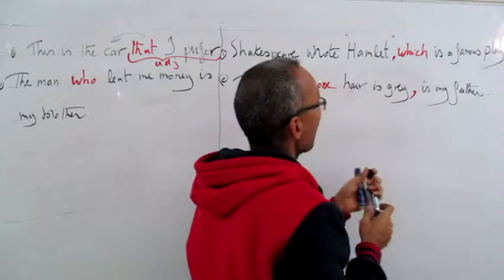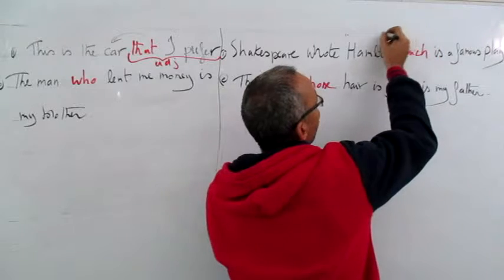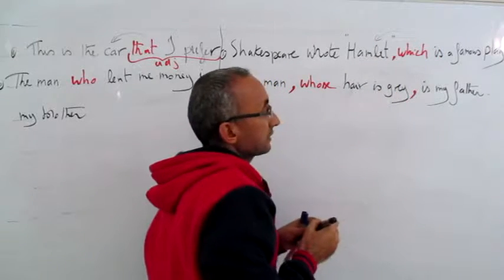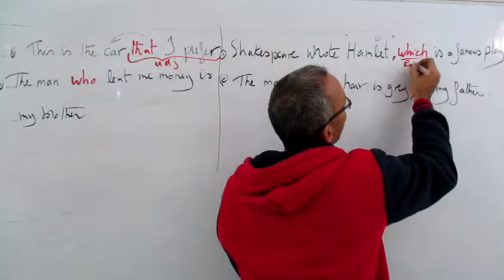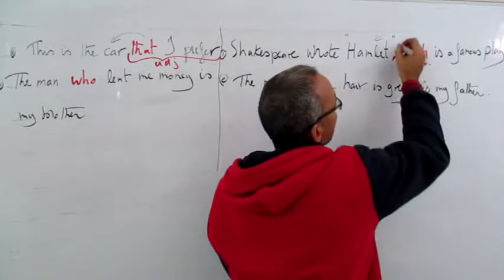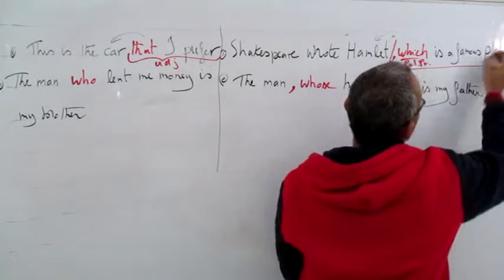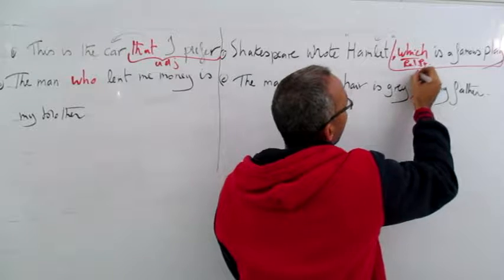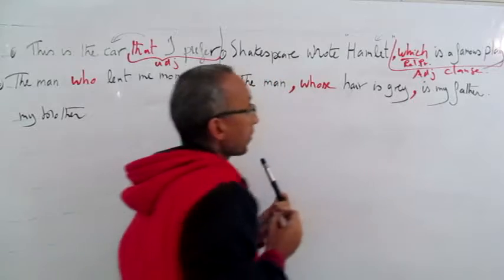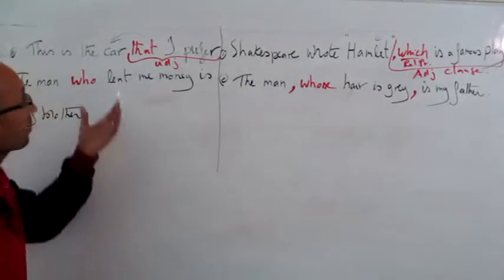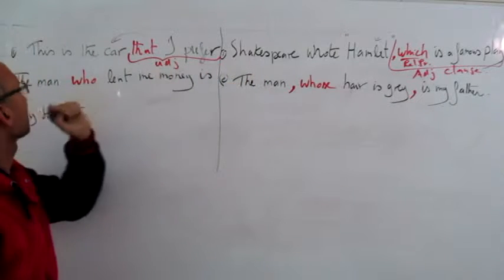Which here also refers to a noun before it, Hamlet, to modify it, and it is a relative pronoun, which forms my adjective clause. Now, if you compare these two, both of them contain adjective clauses.